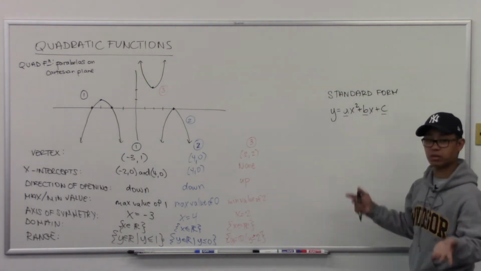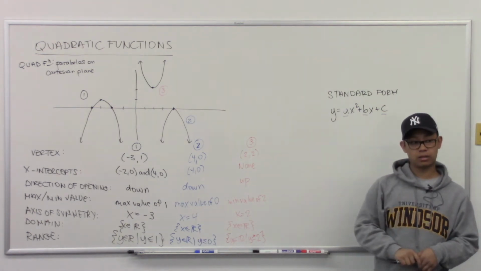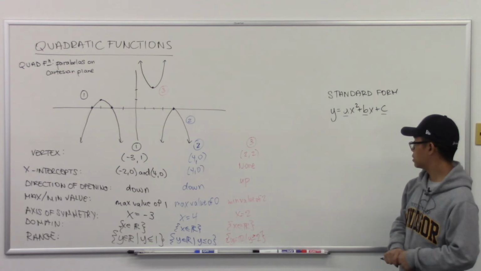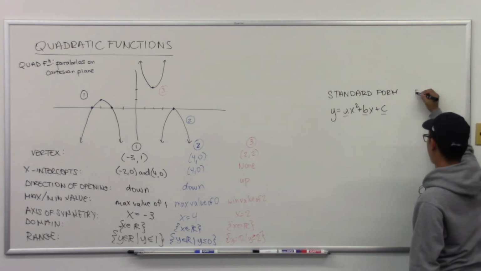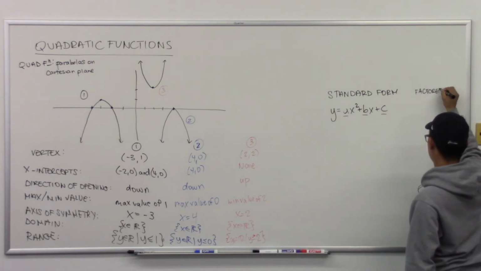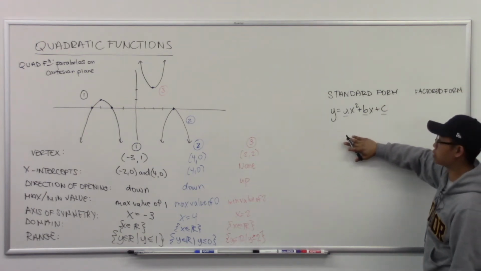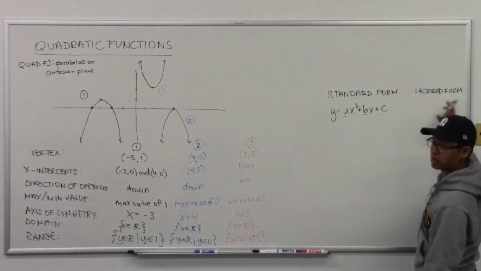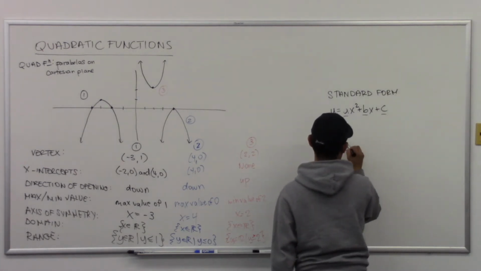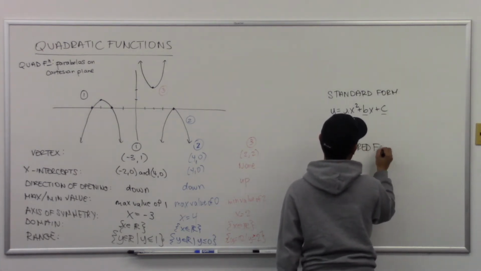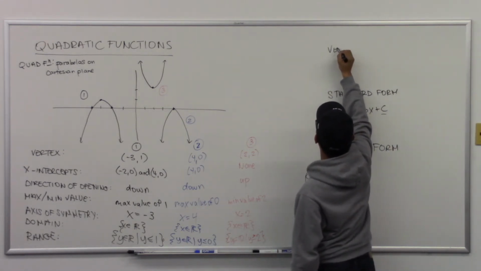The y and the x are going to be there. Then there are two more after that. There's factored form. Based on how you wrote this on your page, would you rather me write it down here and up here, or right here? Okay, so I'll go factored form. You can write it whatever way you want. Factored form is, but I'm going to write up here too, the other one, which is vertex form.